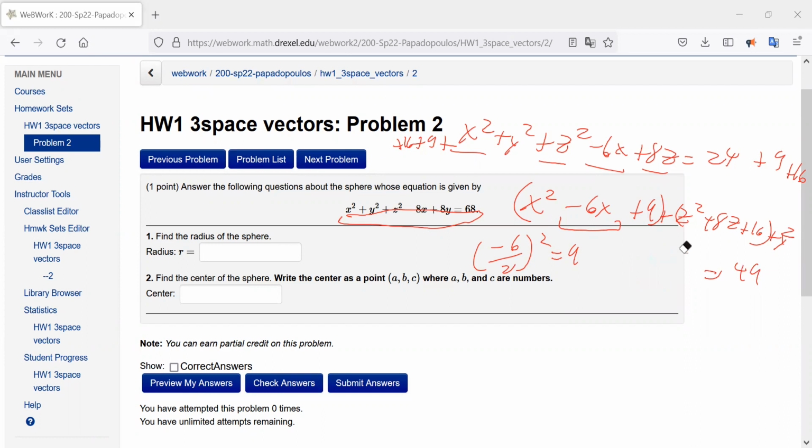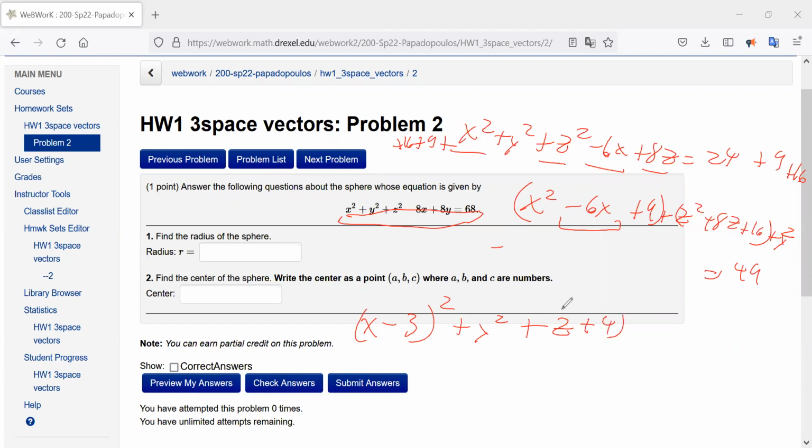So I'm just going to erase these to make some room. Now we have the radius of the sphere, because this right here is going to be x minus 3, because it's the value that we had here of the -6 divided by 2 is going to be -3, squared plus y squared plus z plus the 8 divided by 2 is 4.